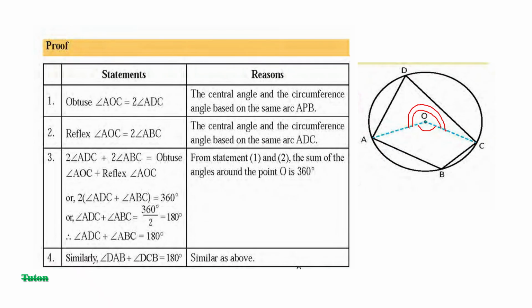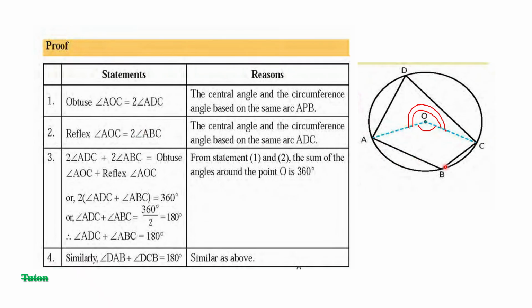Now using theorem 1, which says that the central angle is double the circumferential angle or the inscribed angle, here we have arc AC. On the arc AC, we have the central angle as angle AOC and the circumferential angle as angle ADC. Now we have to look at the obtuse side of angle AOC first, which is suggested by statement 1.